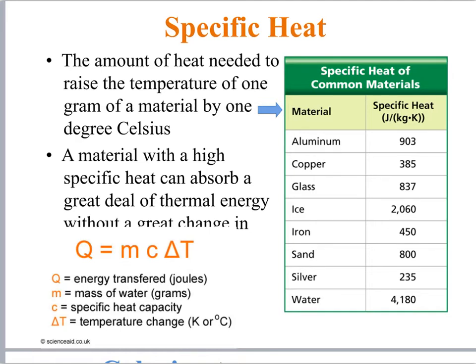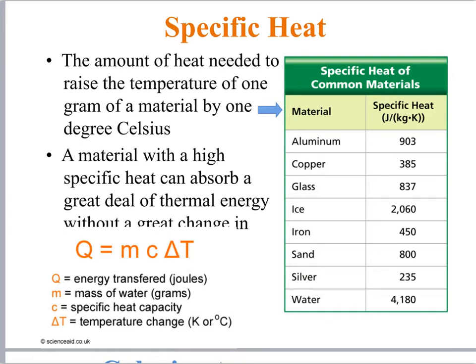Specific heat technically is the amount of heat needed to raise the temperature of 1 gram of material by 1 degree Celsius. That is the technical definition. So just basically how much energy goes into a substance in order to raise it 1 degree Celsius.